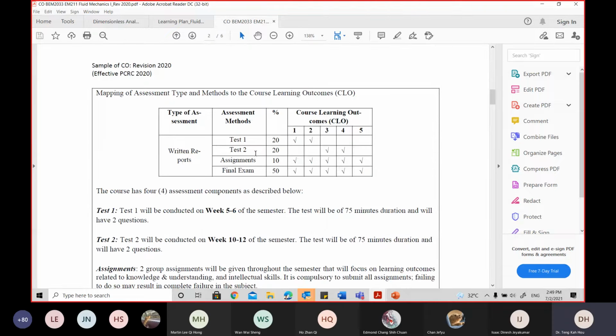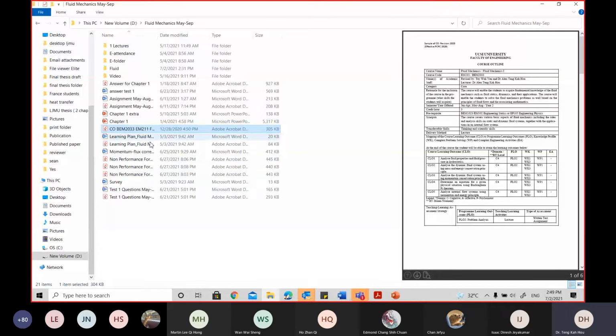So your test 2 will cover chapter 4, 1 question, and chapter 5, 1 question. Of course, there will be sessions A and B. And there will be another assignment after I finish chapter 6. But don't worry, that assignment won't be that long or very difficult.